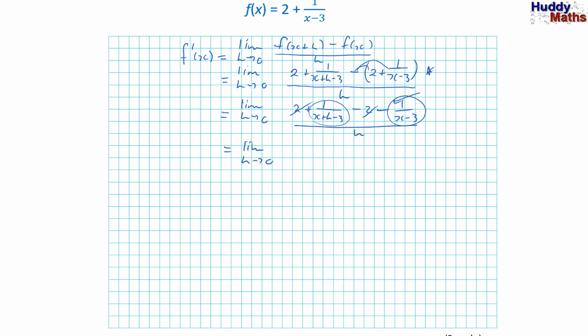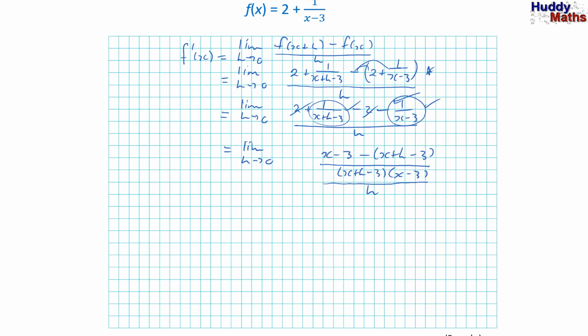Okay, so here I'd have x take 3 take x plus h take 3 all over x plus h take 3 by x take 3. That's that common denominator step again.